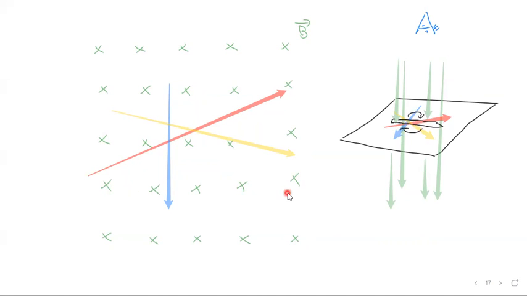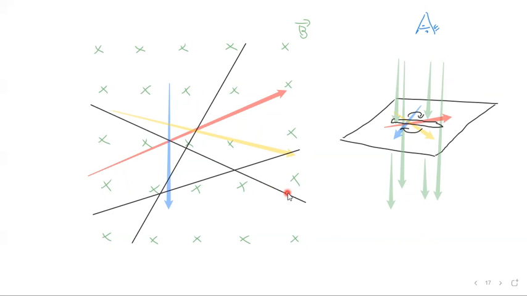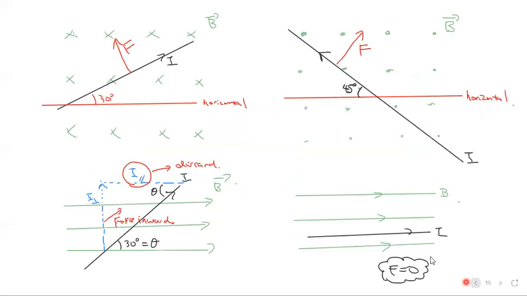And so for that reason, I can draw any conductor in any direction I like on this page, and all of them, without fail, will be perpendicular to this magnetic field because the magnetic field is not on this plane. It is perpendicular to it and going straight directly into the page. And that is why, for these situations, theta is 90. When you come across situations where theta is not 90, then you need to worry about it, but otherwise theta is 90. And that's something important that you need to consider.